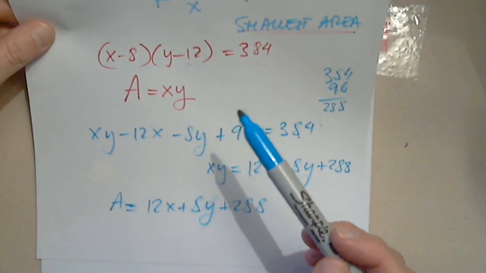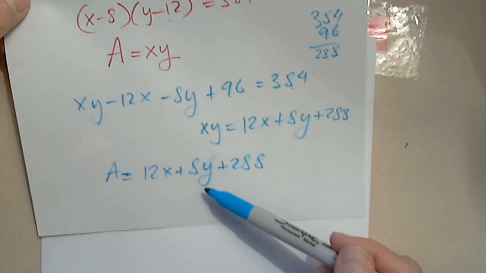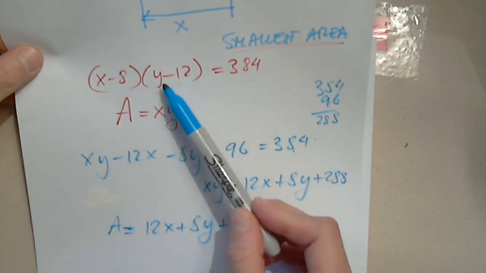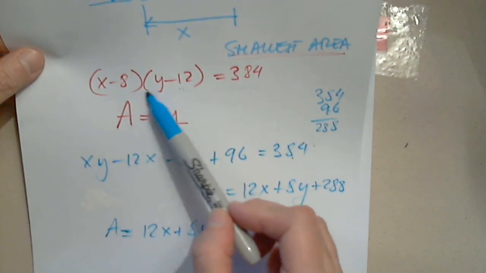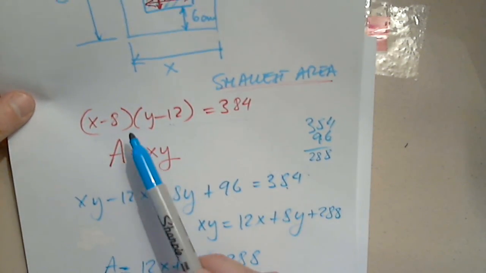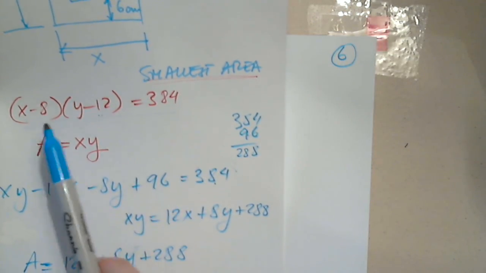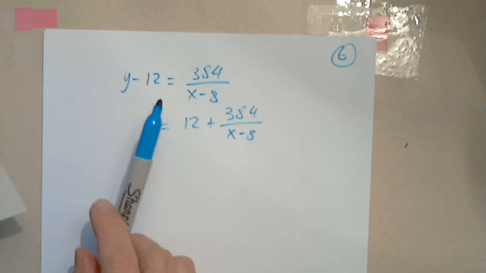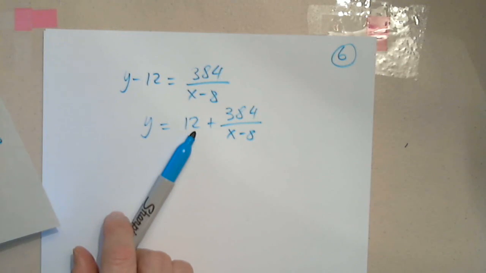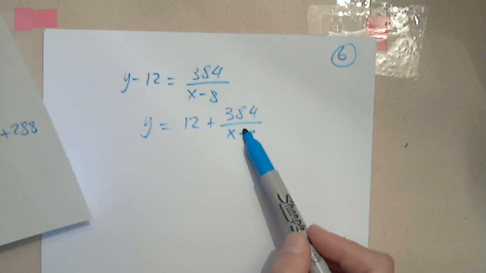So now I know that x times y is all this expression. So I can remove y by solving this equation for y. So y minus 12 is 384 over x minus 8. Y minus 12 is this divided by this. And then I'm adding 12 to both sides. I understand that. Now all this expression is indeed a function, it's y, function of x.